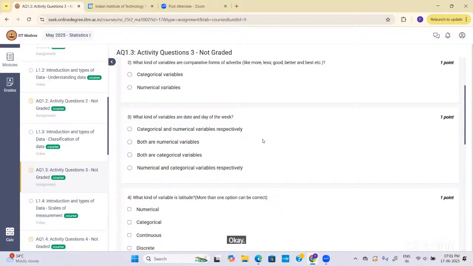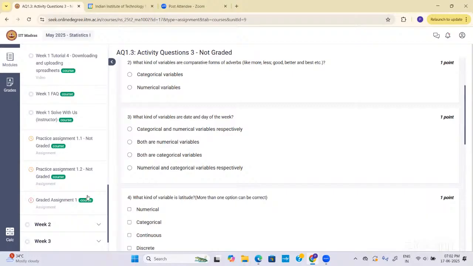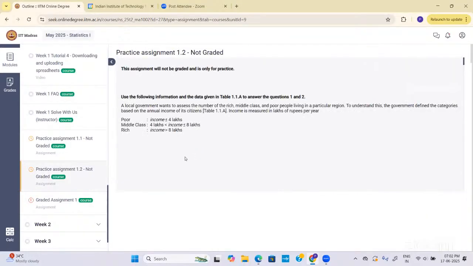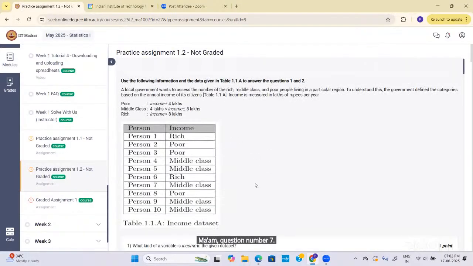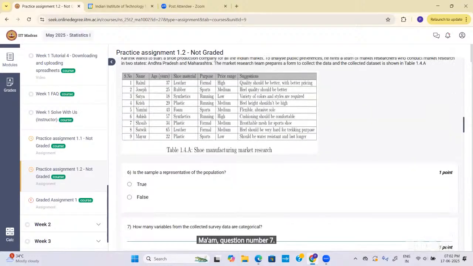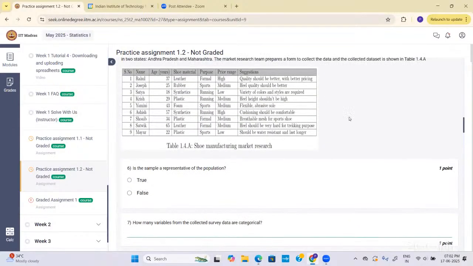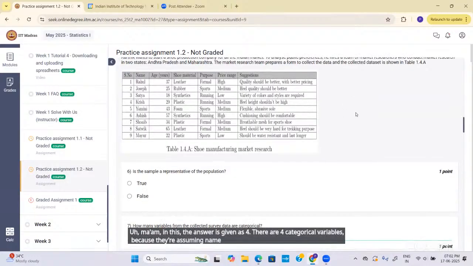Okay, ma'am. And ma'am, I also had a doubt in practice assignment 1.2, question number 7. Ma'am, in this, the answer is given as 4. There are 4 categorical variables because they're assuming name also to be categorical.